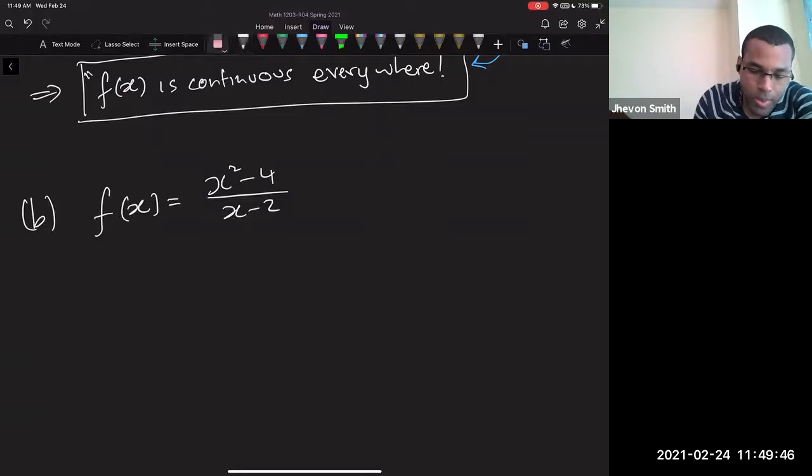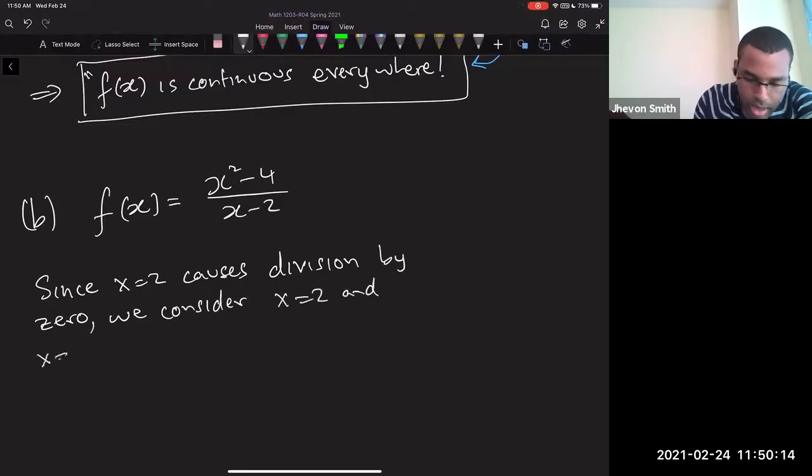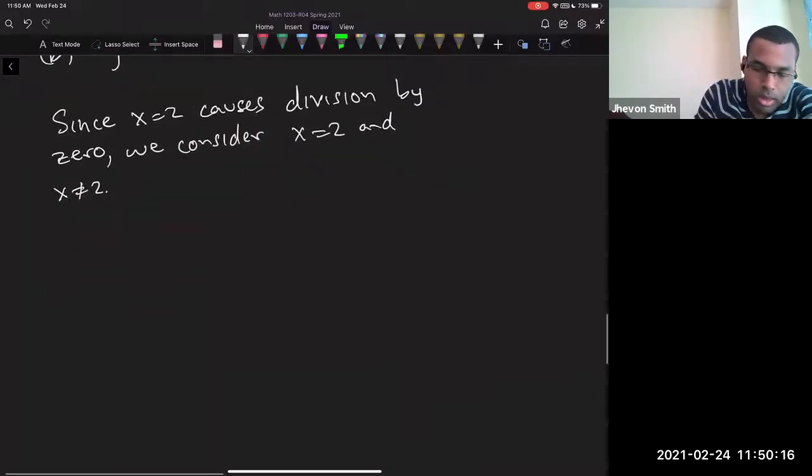I would say we consider, since x equals 2 causes division by 0, we consider x equals 2 and x not equal to 2. Okay, so let's talk about x equals 2.